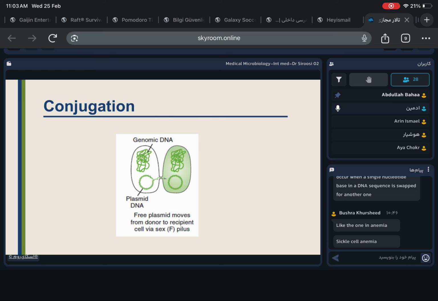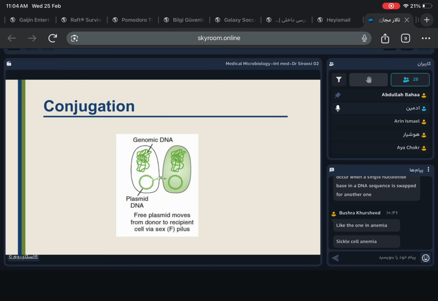So another way for gene exchange in bacteria is called conjugation. We talked about sex pili or F pili. I told you that it's a special type of pilus which helps bacteria to exchange genes. So here we have a cell which contains a plasmid.